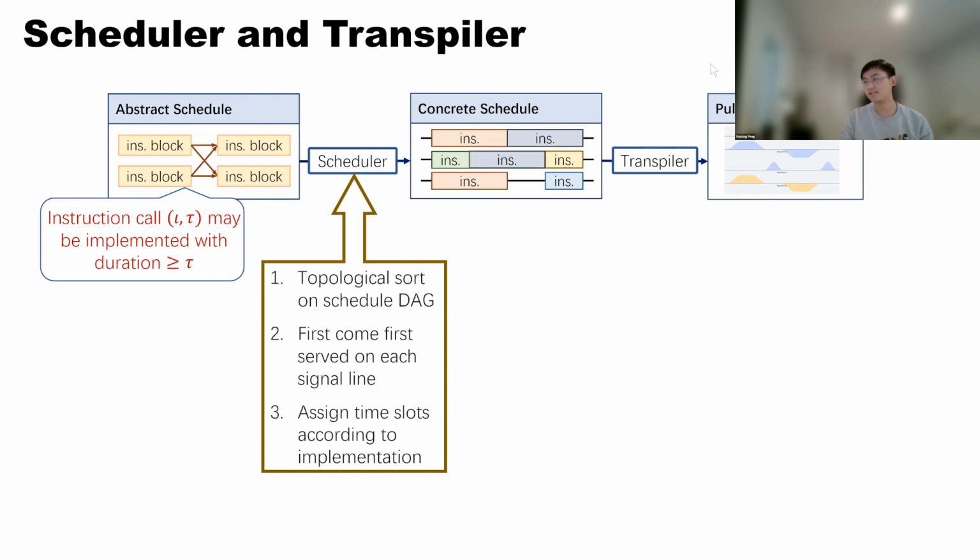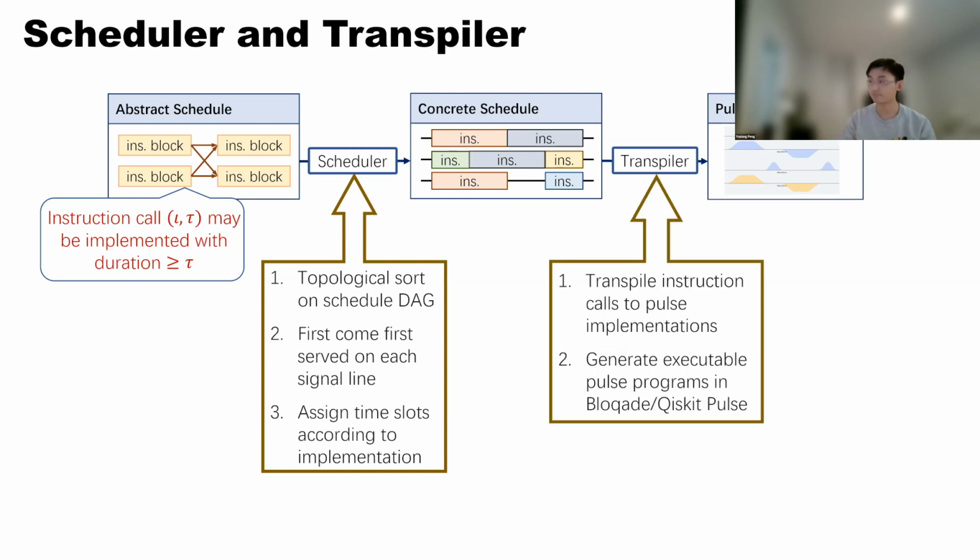In this part, we no longer limit our information to the AAIS, but also use how instructions are implemented on the machine. So we can assign a concrete time slot for each instruction call that it needs to actually complete, to effectively produce the Hamiltonian it wants.